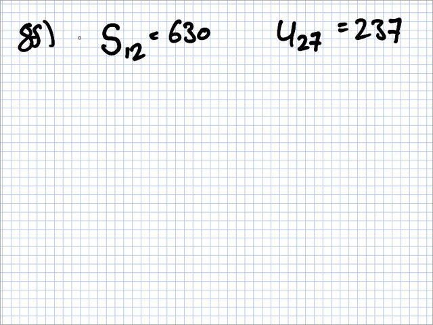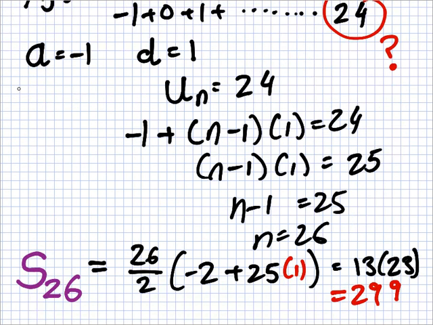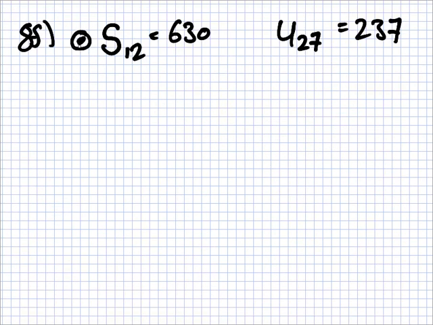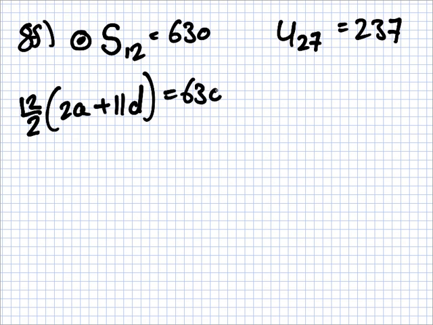Yeah, 299, okay. So this says n over 2, 2a plus n minus 1d equals 630. And this one here says a plus n minus 1d equals 237.